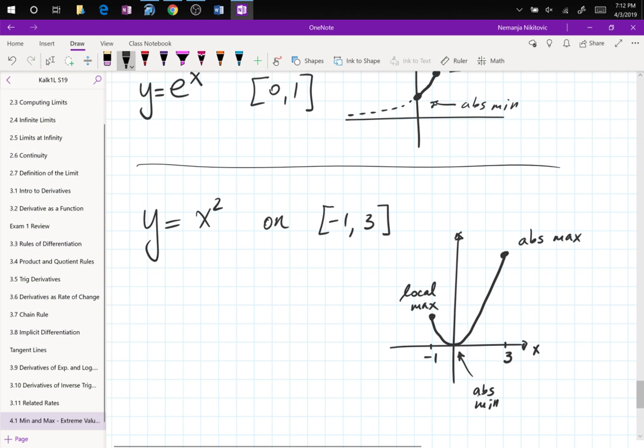Because when you're doing calculations, you have no clue what's min and what's max. But on the closed interval, the lowest one is guaranteed to be the absolute min, and the highest one is guaranteed to be the absolute max. So let's take a look at the problem from homework, and we're done.